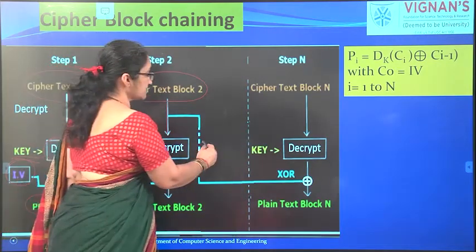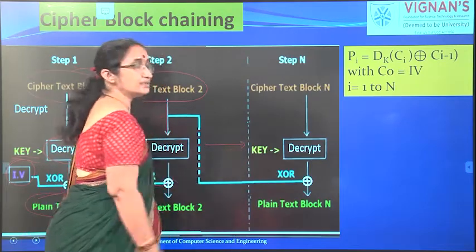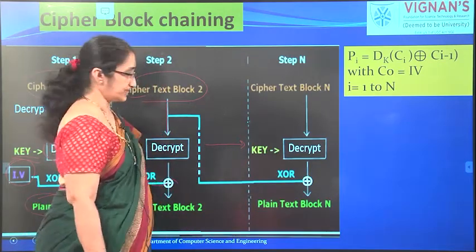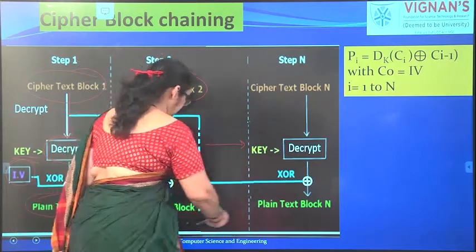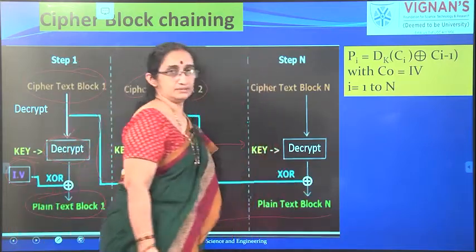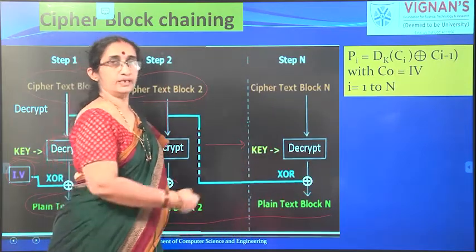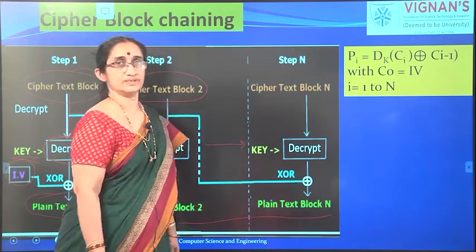This process continues for all the n blocks of ciphertext, and all the plain text together we call the plain text message. He will be getting back the message.